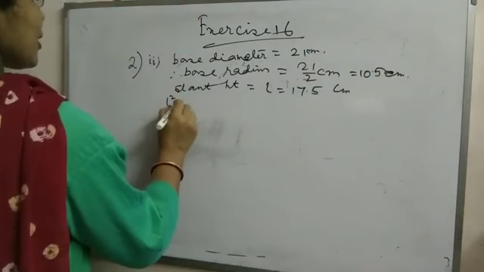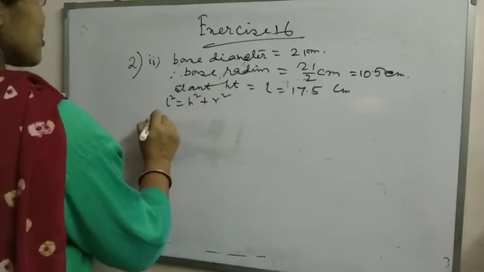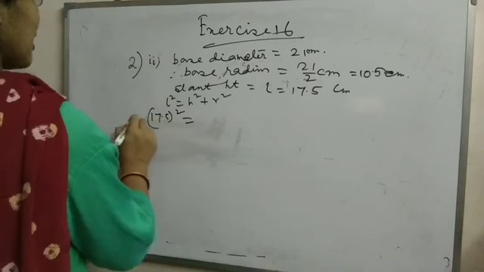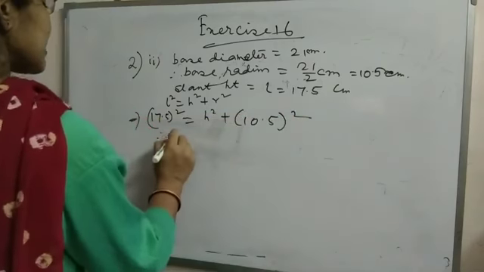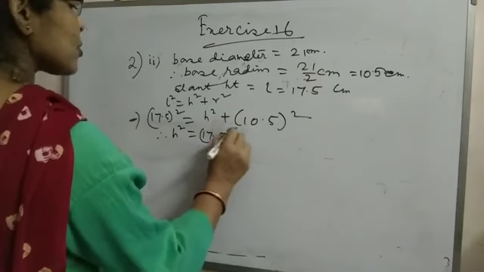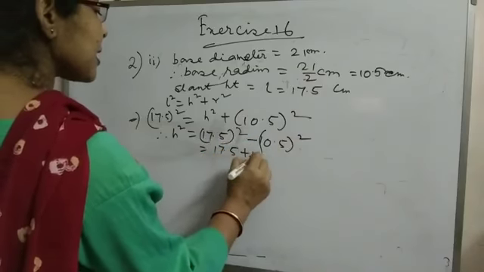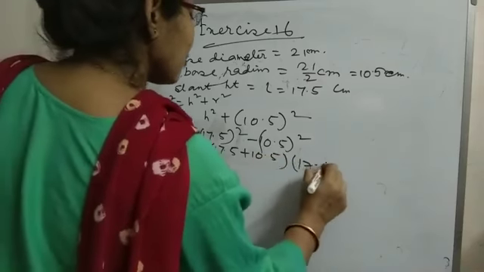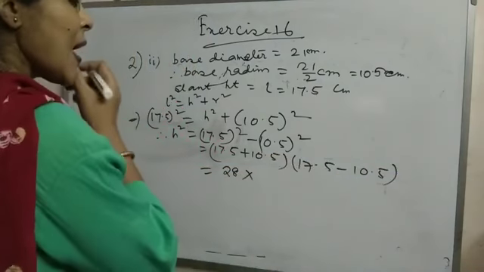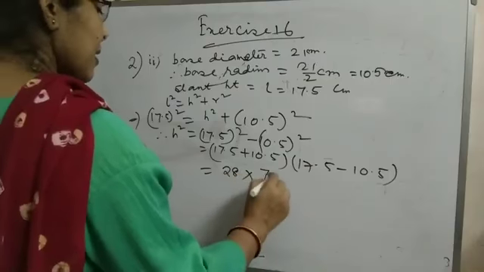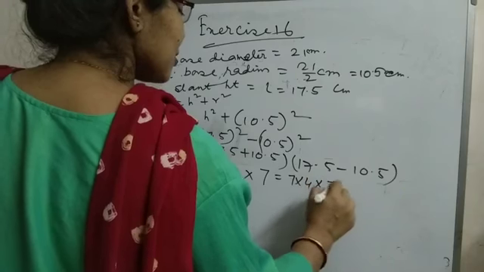We know L square equal to h square plus r square. That is h square equal to 17.5 whole square minus 10.5 whole square, that is 17.5 plus 10.5, 17.5 minus 10.5, equal to 28 into 7, that is 7 into 4 into 7 into 4.